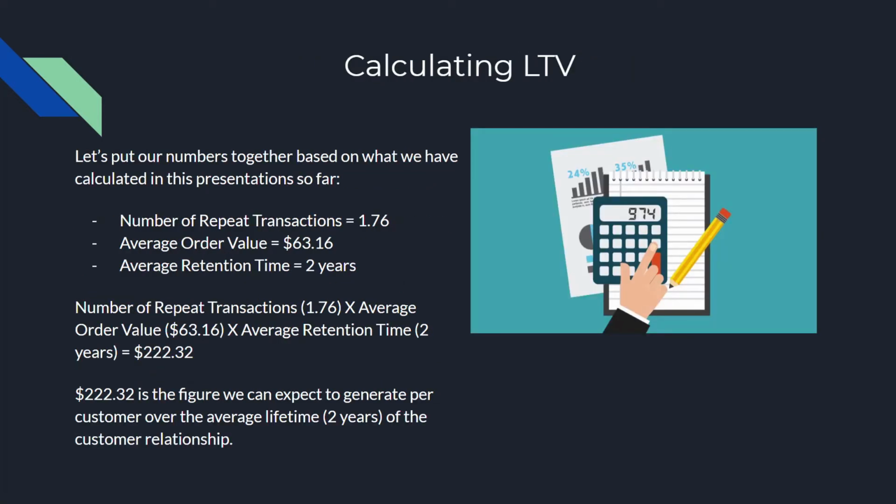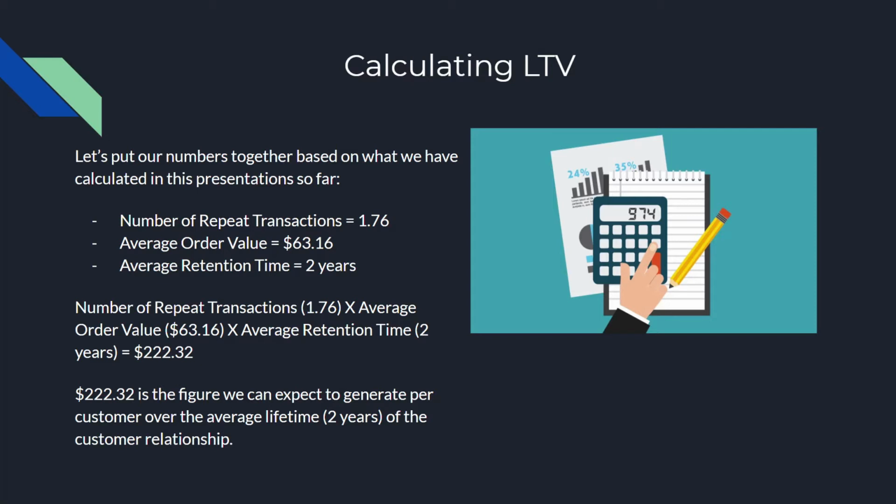Now we're going to put our results together to actually calculate the lifetime value. Putting the numbers together based on what we have calculated in this presentation so far: the number of repeat transactions was 1.76, the average order value was $63.16, and the average retention time is 2 years.